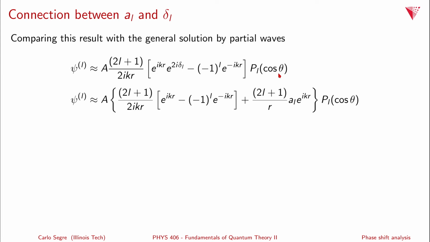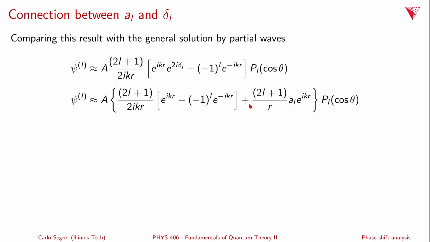And the partial wave solution that we had before, the Lth partial wave, was A times (2L plus 1) over 2IKR e to the IKR minus (-1) to the Lth power e to the minus IKR, plus (2L plus 1) over r, A sub L, e to the IKR, times P sub L of cosine theta.